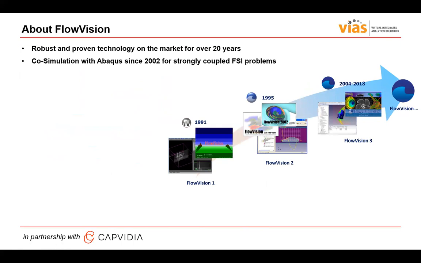One of the milestones was when the co-simulation with Abaqus started, already in 2002, intended for strongly coupled FSI problems, and since then we have been still doing that. As you can see on the timeline chart, we have been developing and distributing this software for a very long time, and in time we are changing the versions of the software, and still today we are using the FlowVision 3 version. And of course, this is a continuous development cycle.